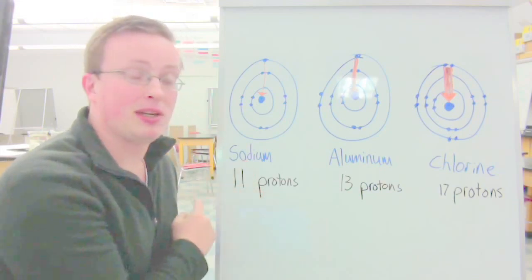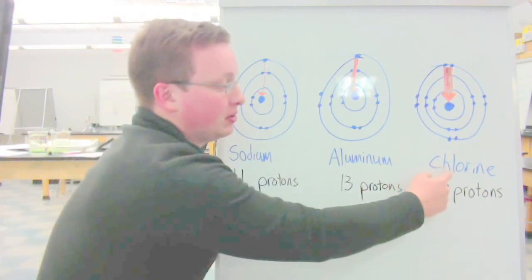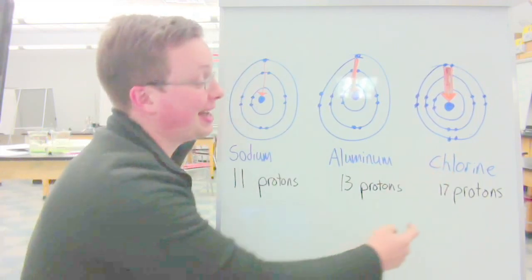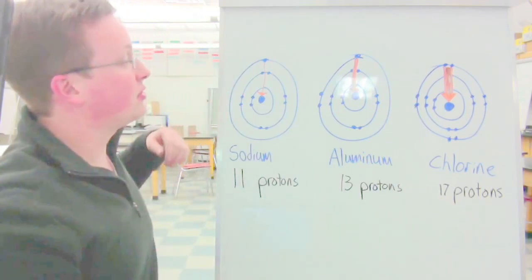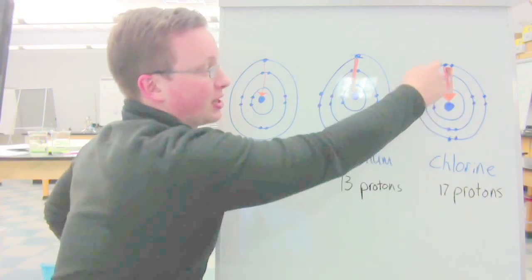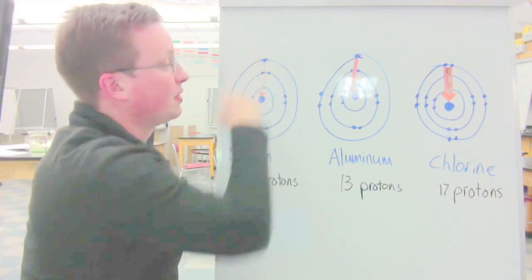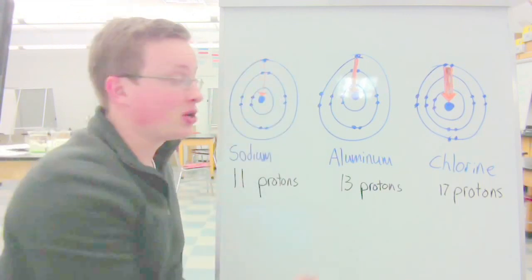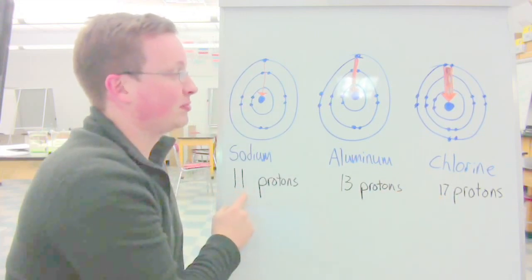Sodium is element 11, and it has 11 protons. Chlorine is element 17, and it has 17 protons. Notice that the force of attraction for chlorine's electrons is much stronger than for sodium. This is because chlorine has 6 more protons than sodium.